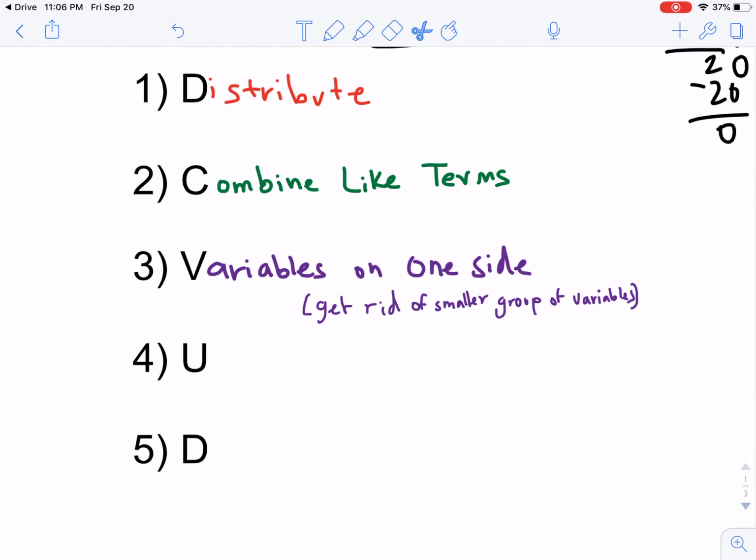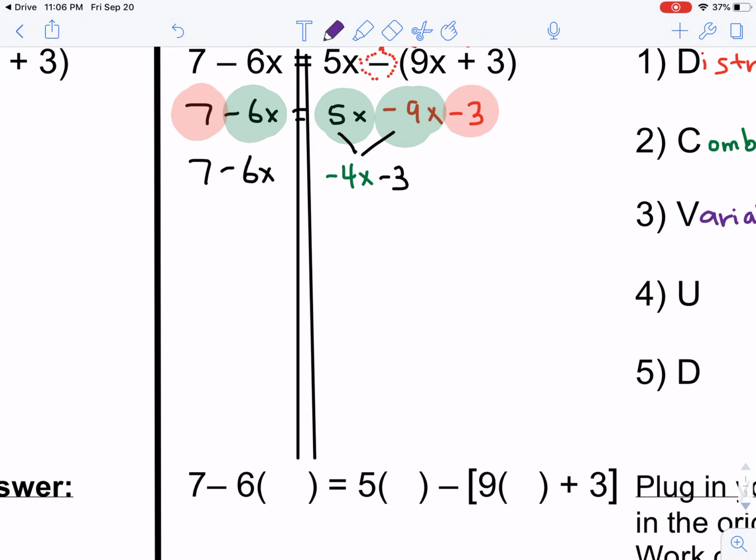Alright. So what we're going to do is find out which one is a smaller group of variables.